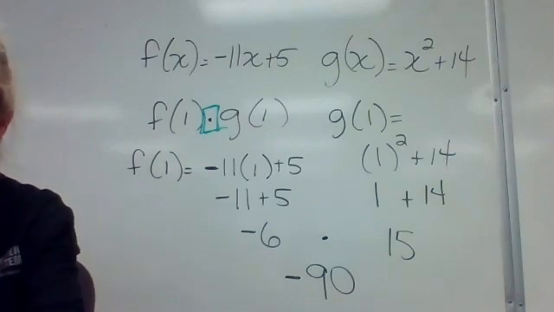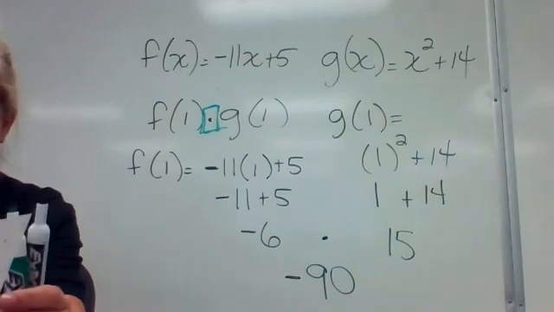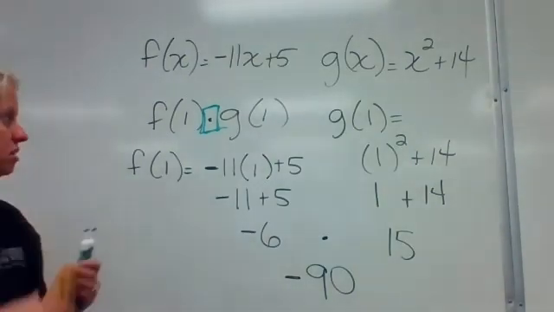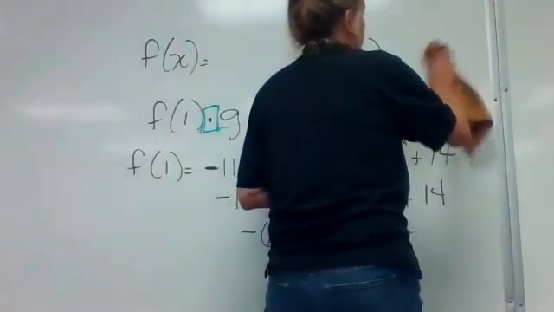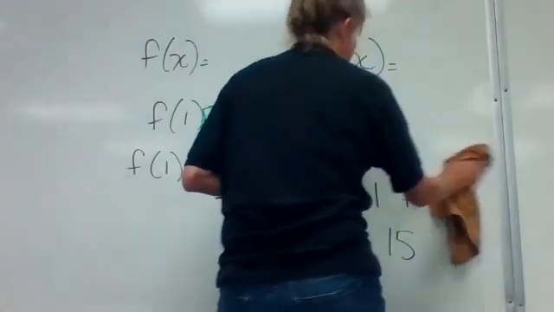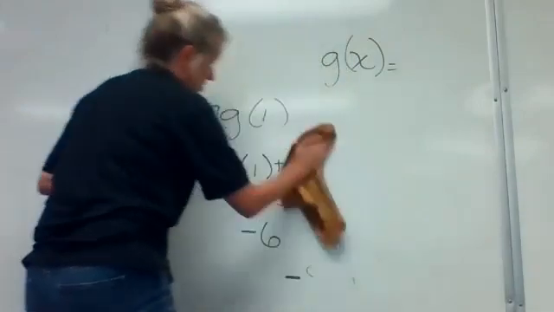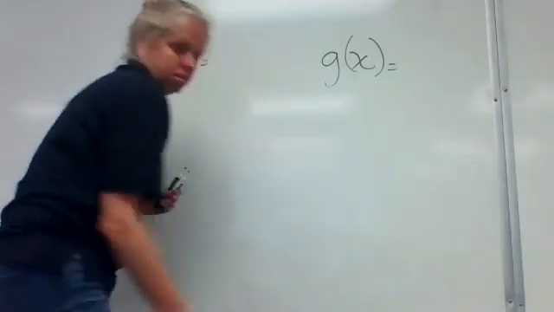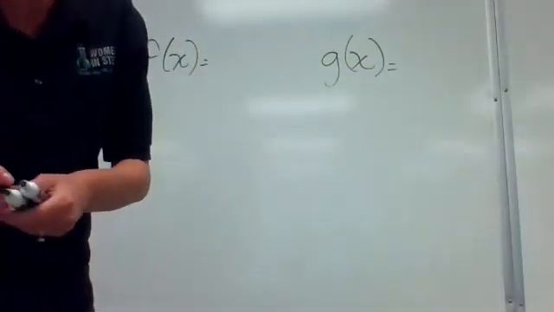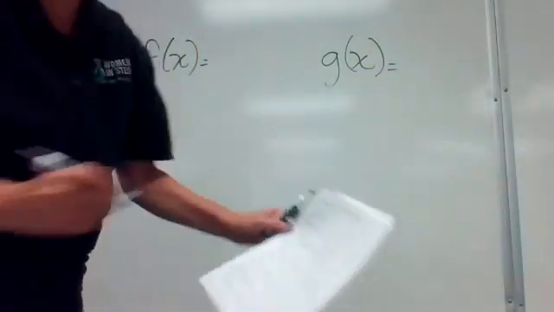Right, number 7. F of x is negative 11x plus 17.